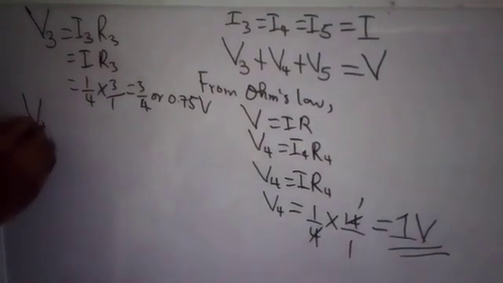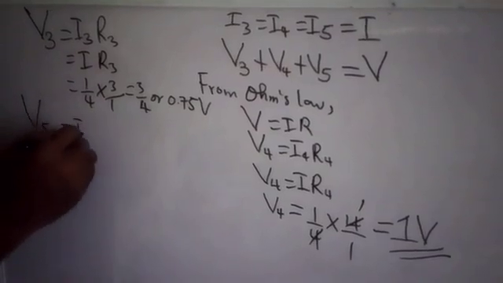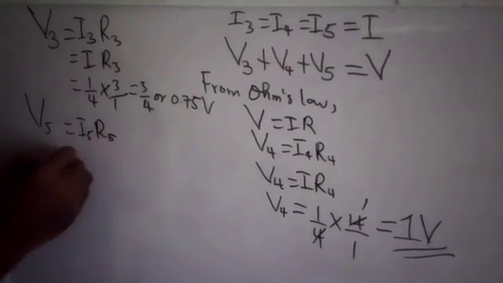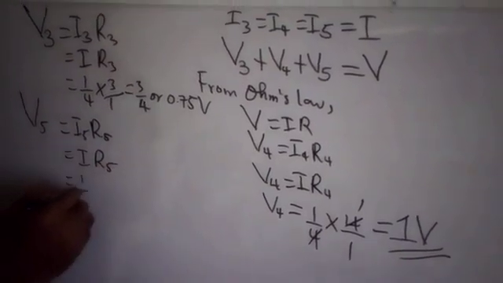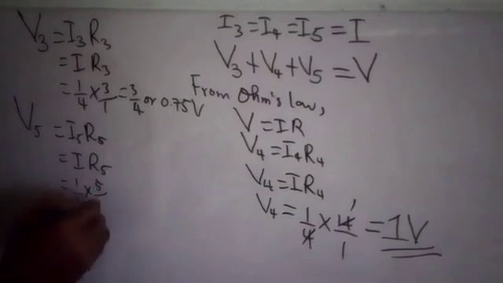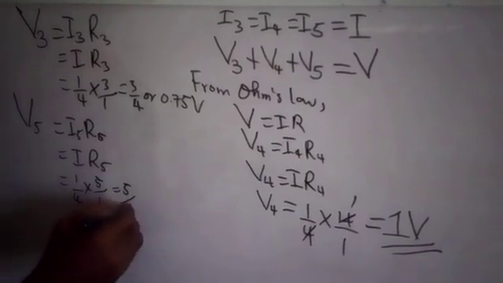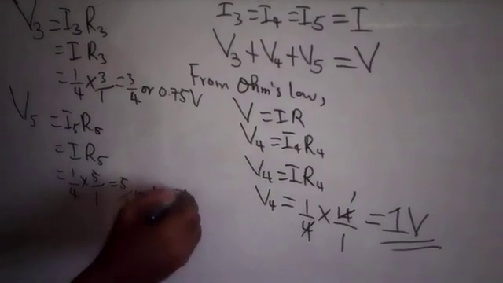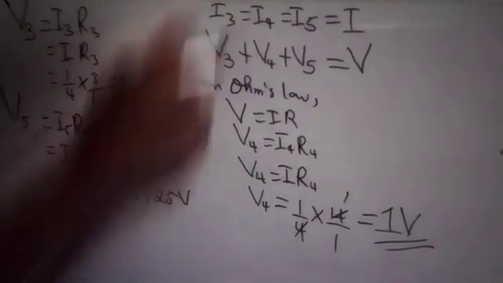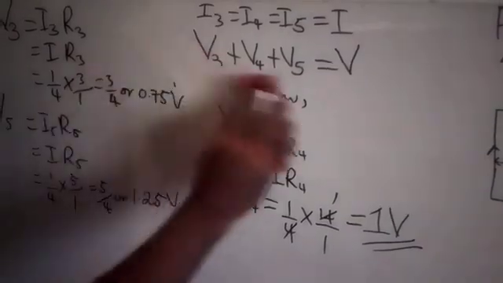The same way, V5 will give you I5 R5, which is I R5, 1/4 times 5/1. This is 5/4 or 1.25 volts.